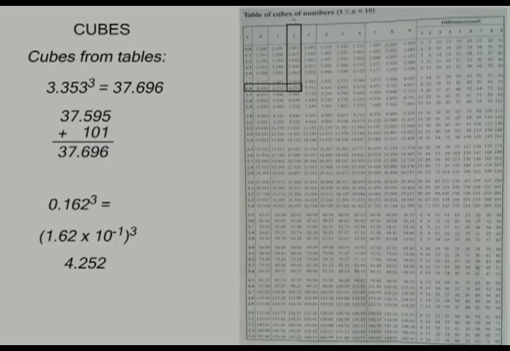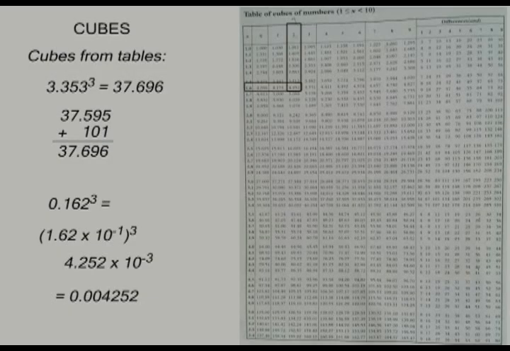We do not have a third decimal place, and so we stop here. Cube of 10 raised to power negative 1 is 10 raised to power negative 3. And so our answer is 4.252 times 10 raised to power negative 3. You can leave it in this standard form or convert it to 0.004252. But I think the standard form looks more learned.